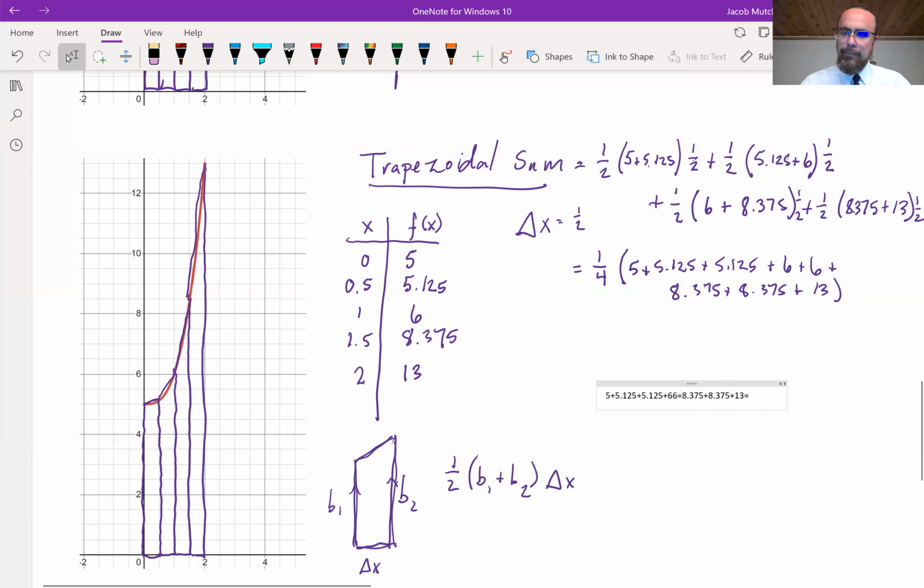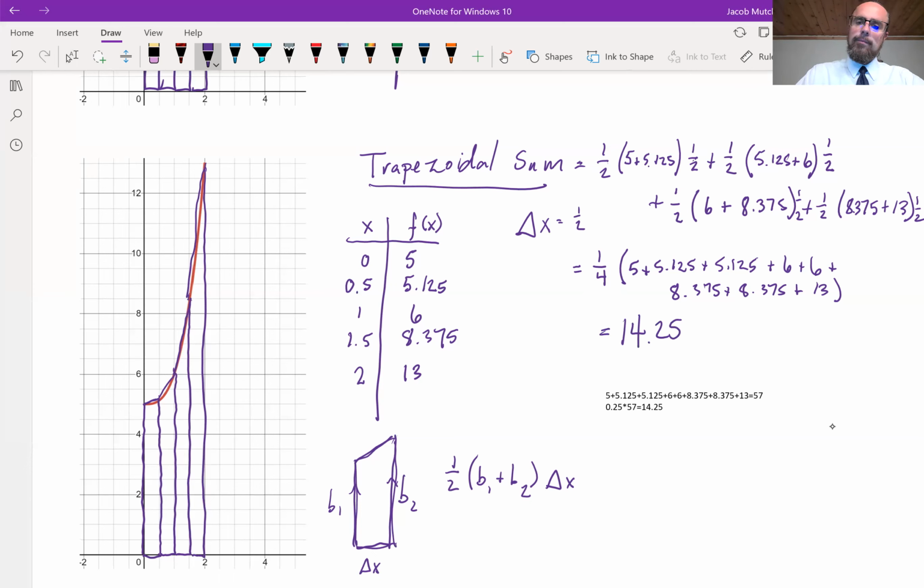And let me make sure I got pluses instead of equals. That adds up to 57. So then what we want to do is multiply that by a quarter. So 0.25 times 57 gives us 14 and a quarter.